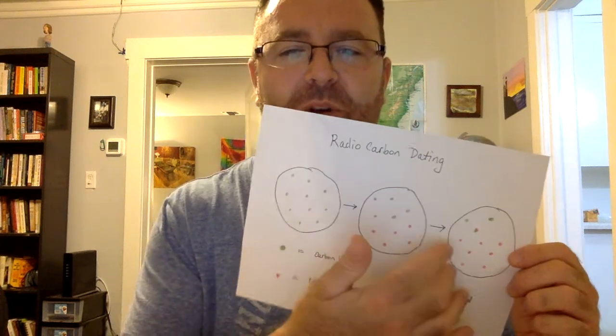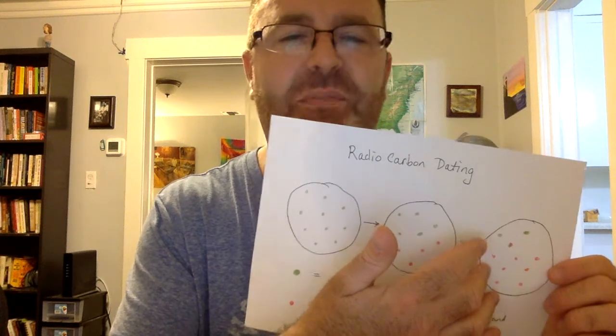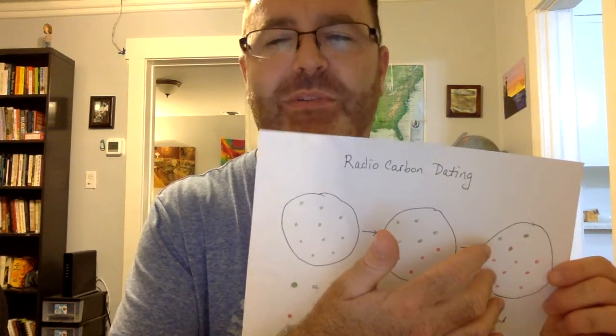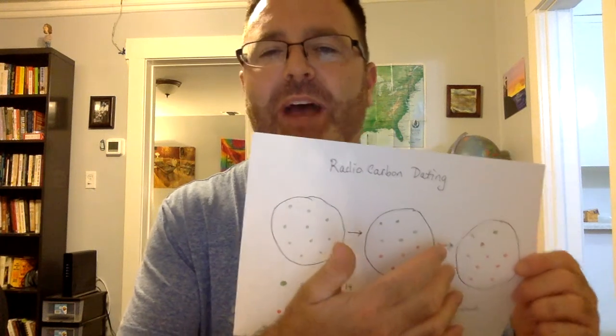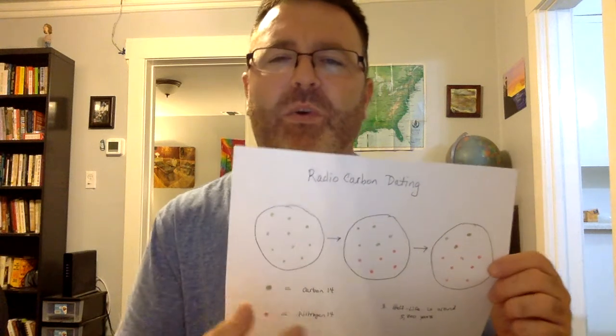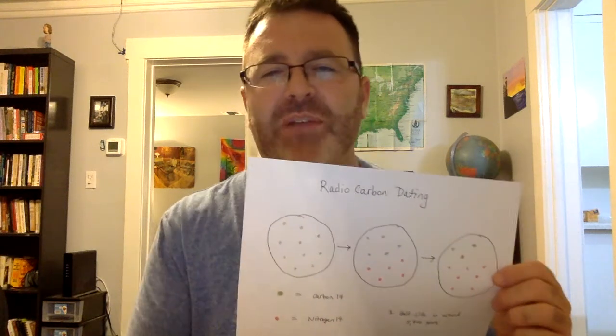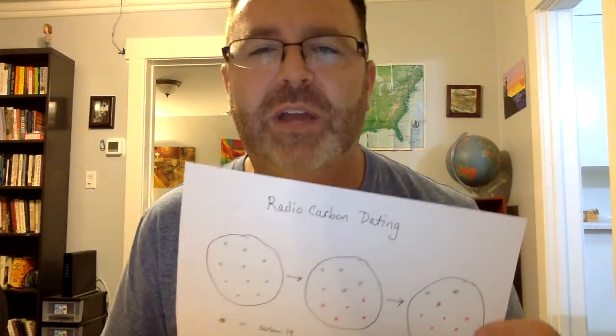But let's say they come across another sample where only about 25% of the carbon-14 is left over. Well, then they can conclude from that, because they know the half-life, that probably that organism died 11,300, 11,400 years ago. Okay, so that's the thinking.